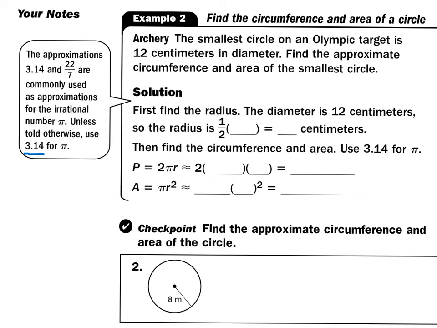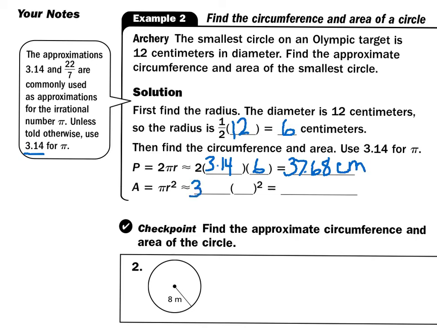First, we need to find the radius. The diameter is 12, so the radius is half of 12, or 6. Then find the circumference and the area. So 2 times 3.14 times 6 equals 37.68. Circumference is a distance, so it is a plain unit, not a squared unit, so centimeters.